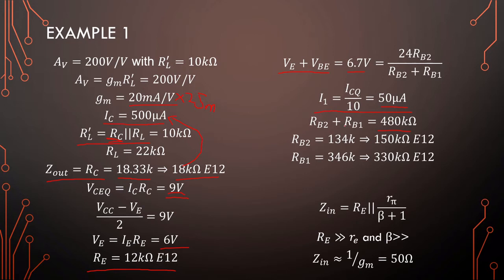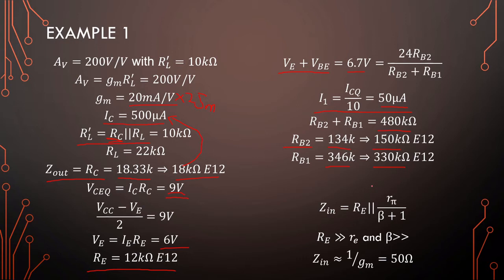So the combination of these two resistors should be 480 Ks. If we simultaneously solve these equations, we get RB2 as 154 Ks and RB1 as 346. Let's choose 150 and 300 kilo ohms, and there are our biasing resistors done.